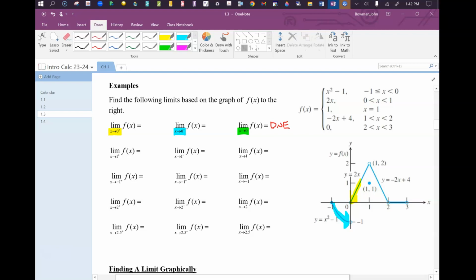So we can say that the limit as x approaches 0 from the positive direction is 0. The limit as x approaches 0 from the negative direction is -1, and therefore those limits are not equal. The limit as x approaches 0 therefore does not exist.